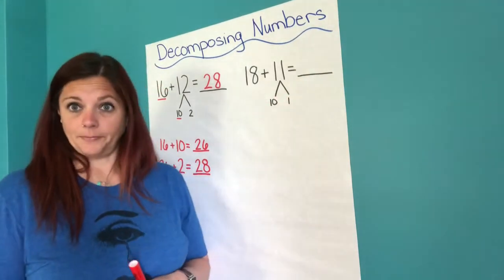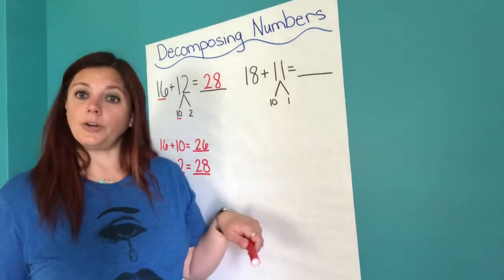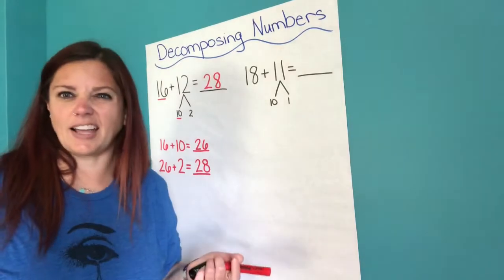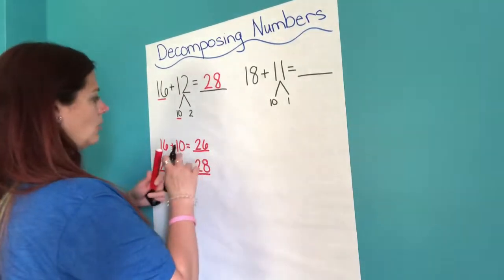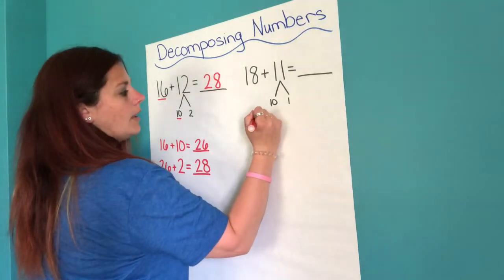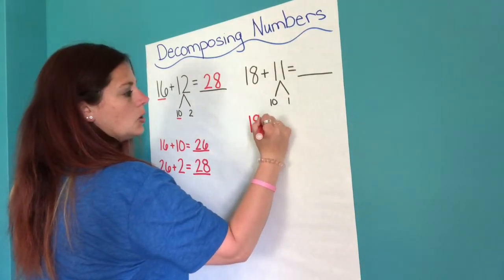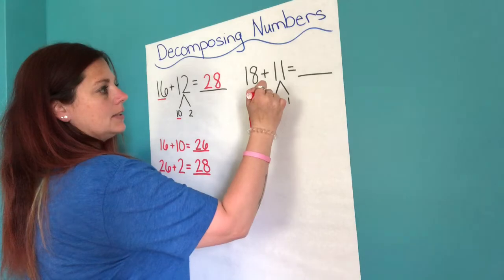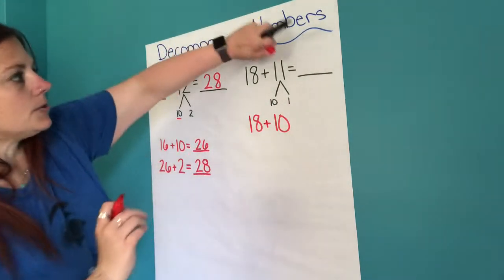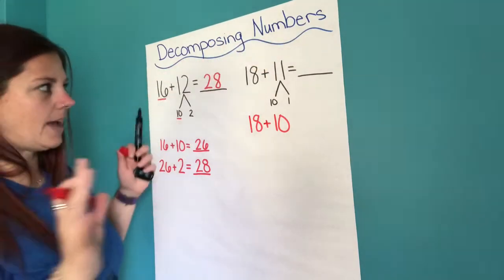Now remember, once you have it broken down, you're going to add 18 plus 10. We always add our 10s first. So this time I'm going to switch colors so you can see it a little better. 18 plus 10. Now, we know that we already used 11, we broke 11 down, so we don't really have it anymore.